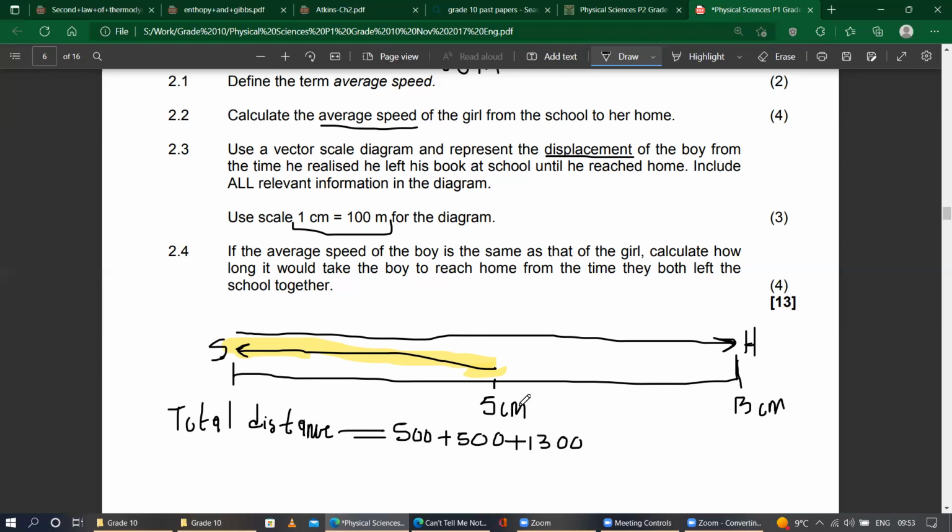You understand why, right? Yeah. Okay. Then that's gonna give us 2,300 meters.